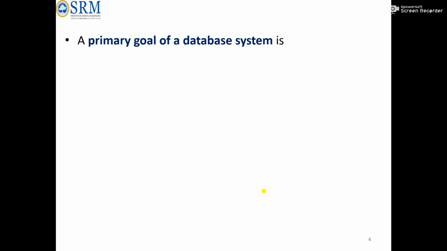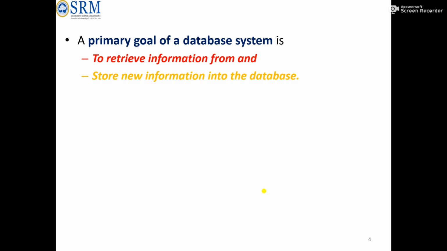Every time we are talking about the same thing: in an efficient way I have to retrieve information from the database, and also store new information into the database. This is the primary goal of database systems.